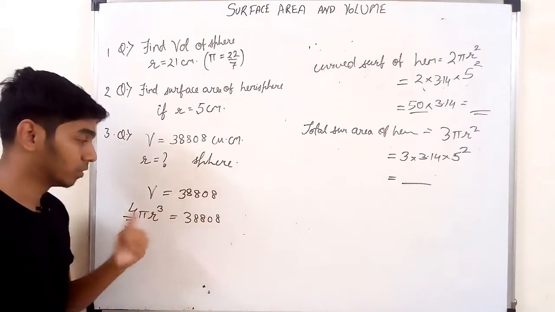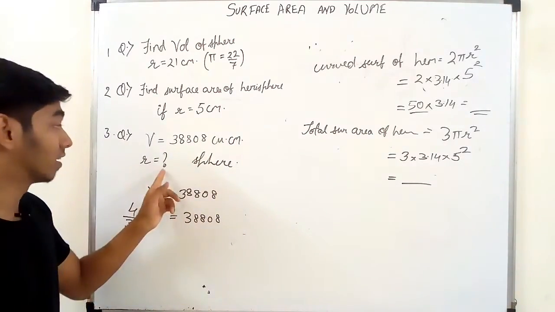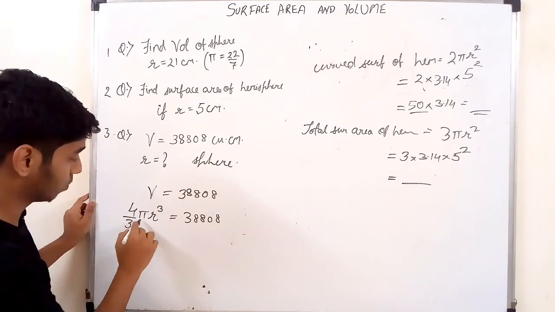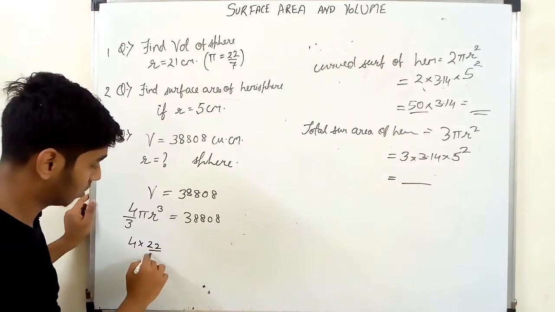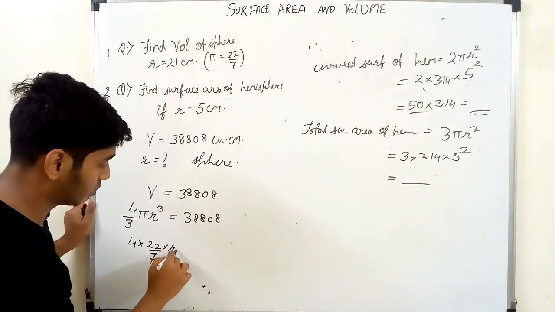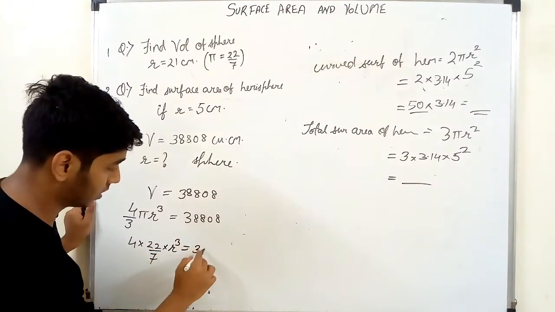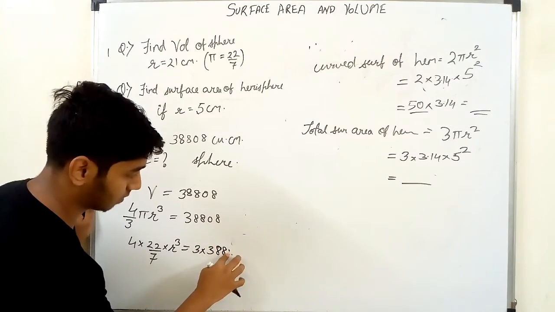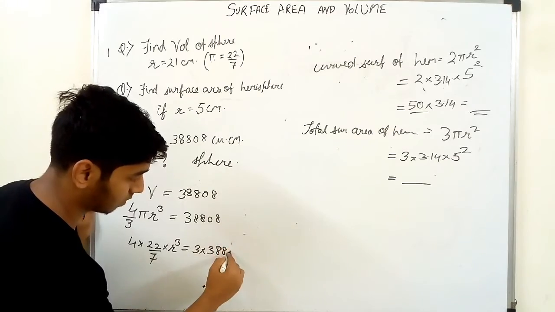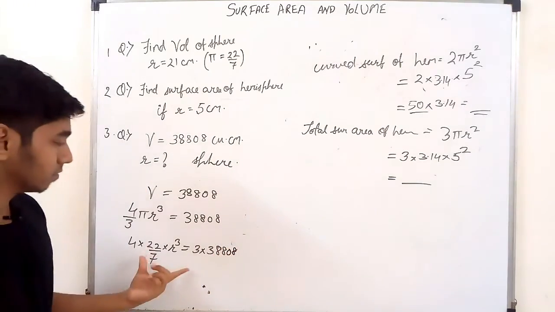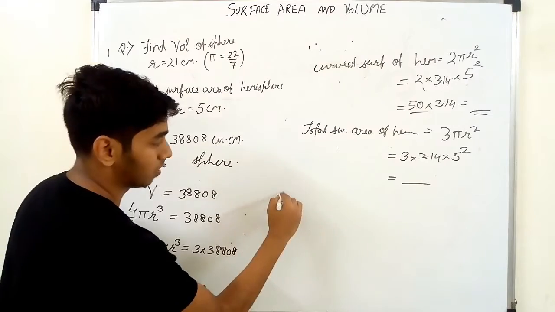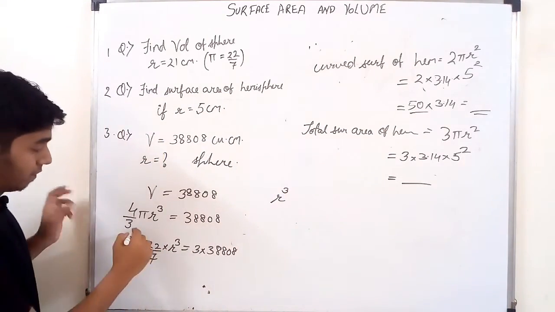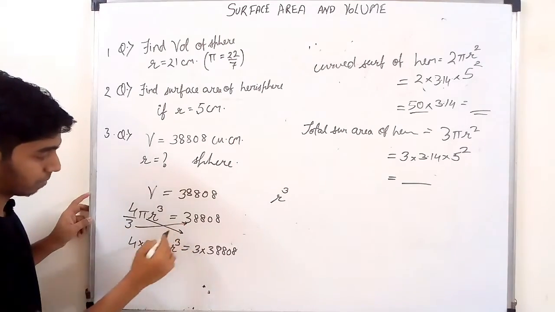Now what are you supposed to find? r. So simply cross multiply. You get 4 into pi, which is 22 upon 7, into r cube, equal to 3 into 38808. Correct? Now r cube will be kept here itself and all the other terms will come down.